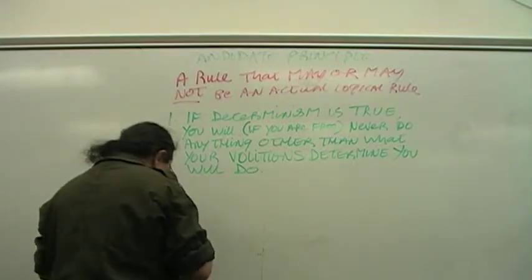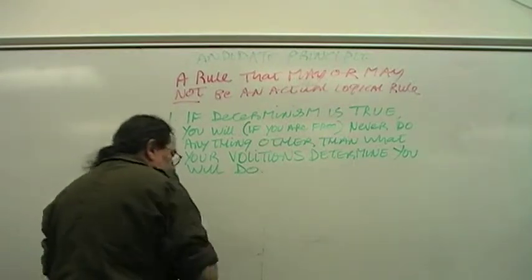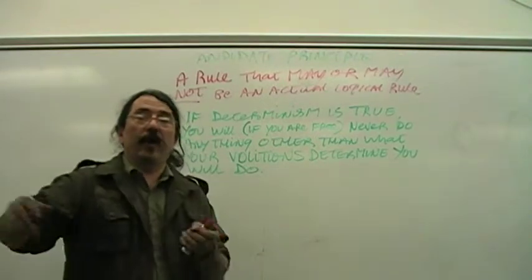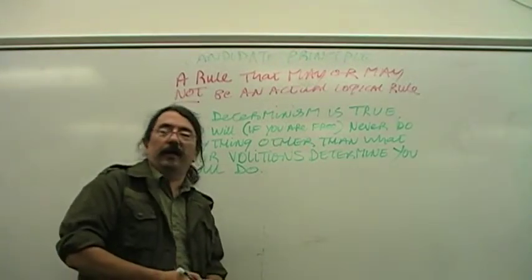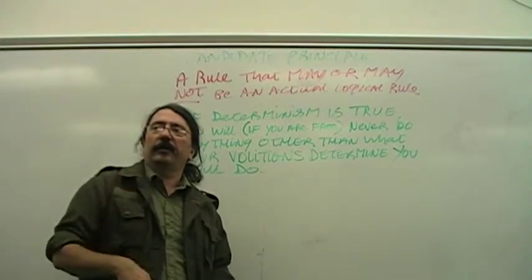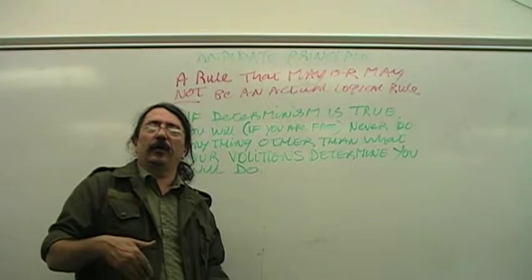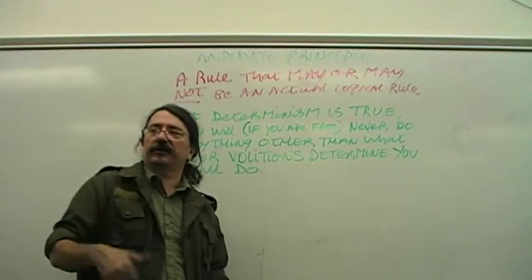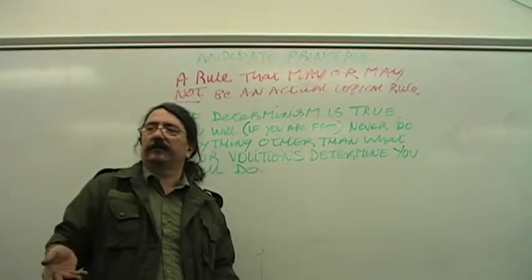Right. And then the conclusion, right, you could do otherwise if you wanted to, but that's not good enough. It has to be, for you to have free will, it has to be true that you could do otherwise, even though you did not want or decide to do otherwise.